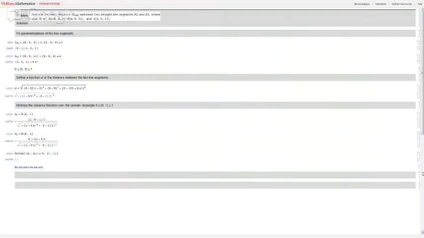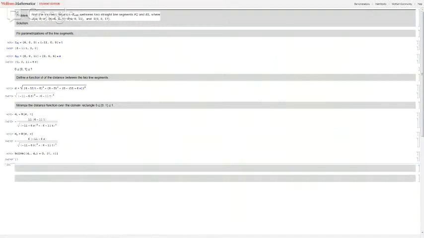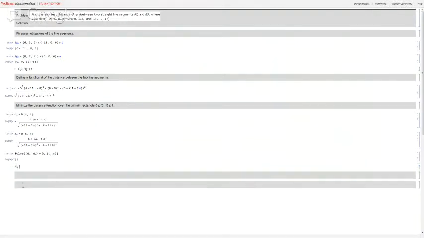Oops. Let's make that plain text. No solution exists within the domain rectangle. So what I need to do is minimize the function over the boundary of the domain rectangle.